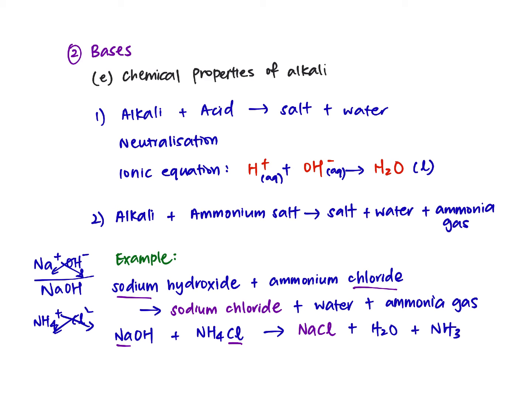NH4 plus and Cl minus, cancelling out the charges, give you NH4Cl. And Na plus and Cl minus give you NaCl for sodium chloride. So if you look at this equation, each of these atoms are all balanced.